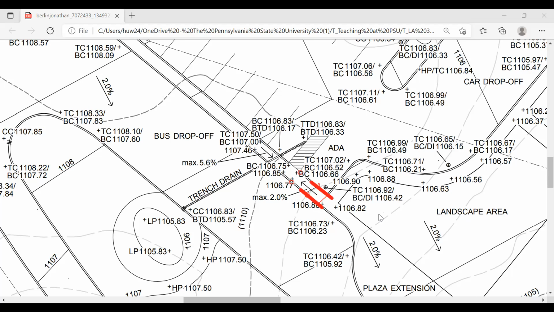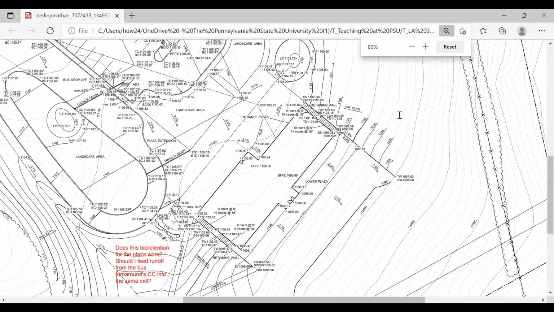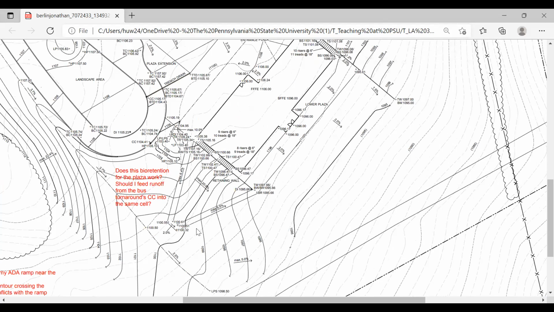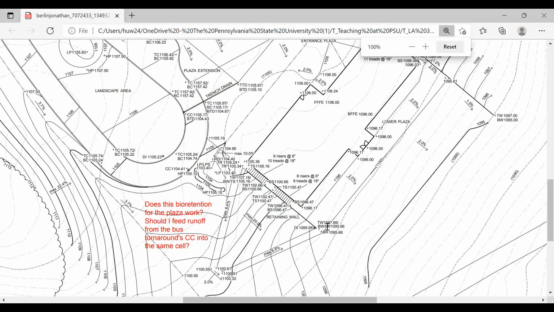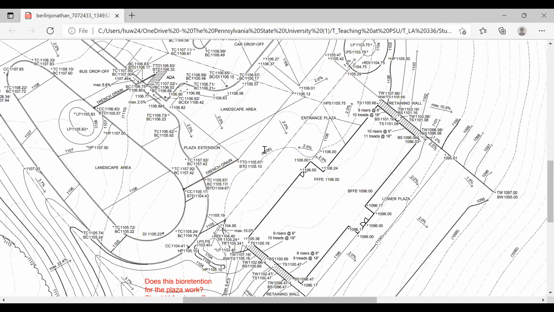Okay. All right. Anything else that I forgot? I know we're supposed to look at the ramp today. I'll just quickly look through this area. We have a DI, good. Our top FFE is 1106.00.